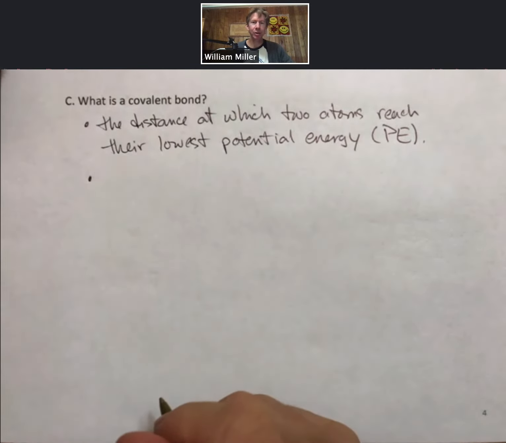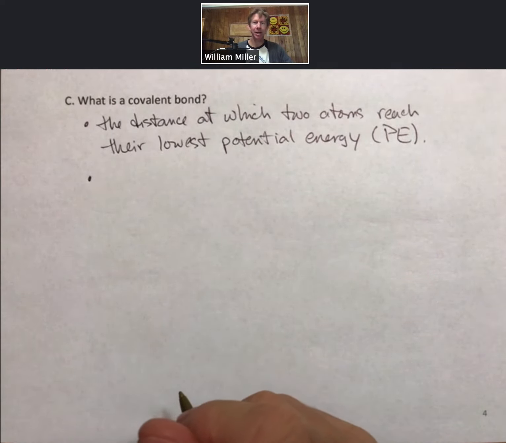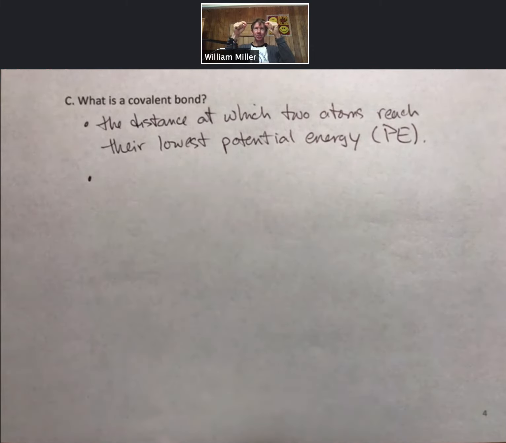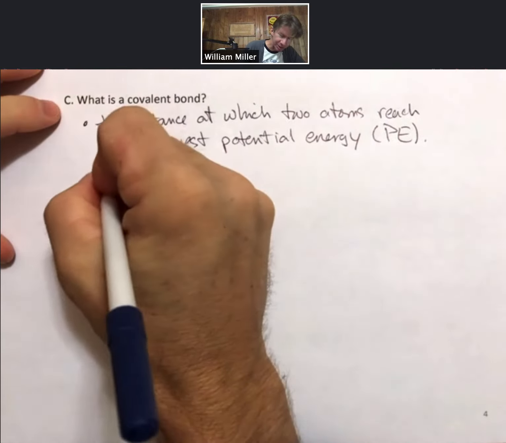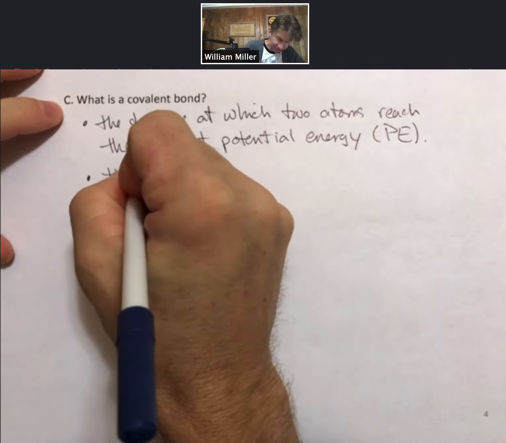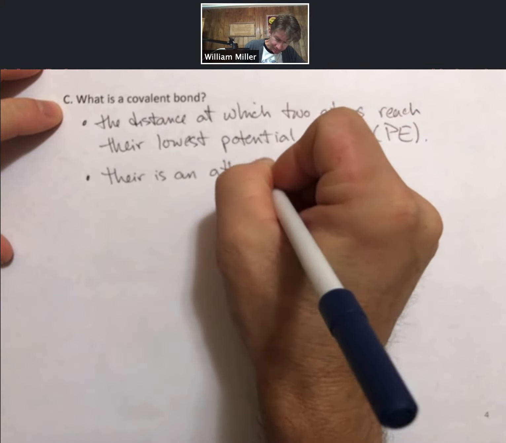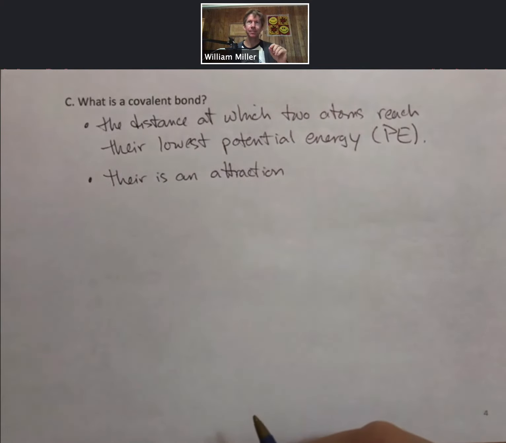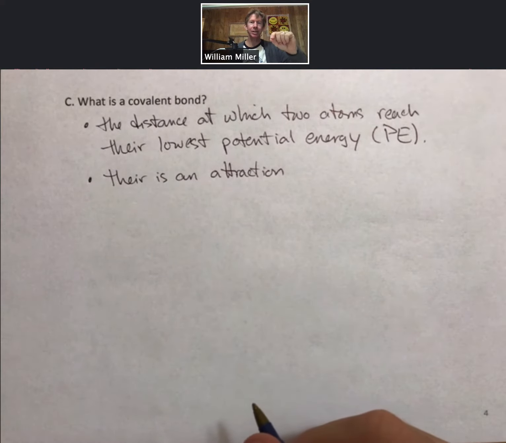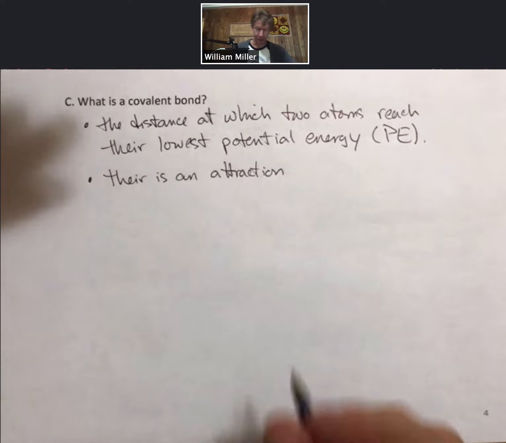At that point, when they participate in a covalent bond, there is attraction between the electrons on each atom for both nuclei.